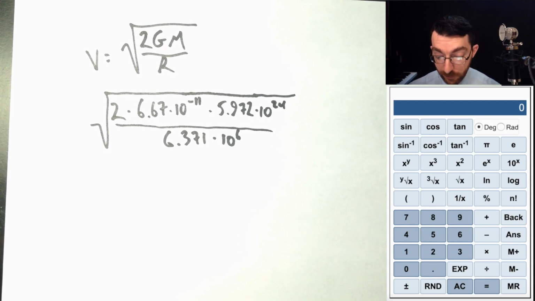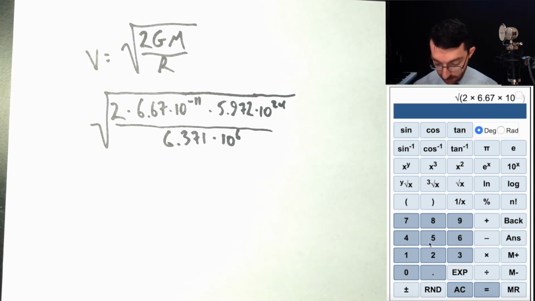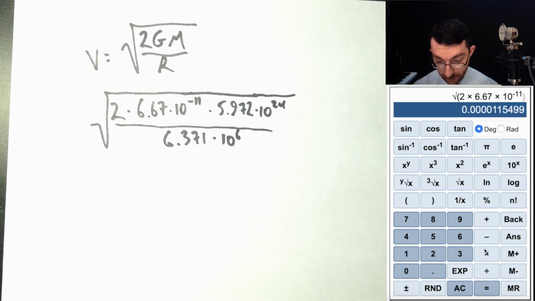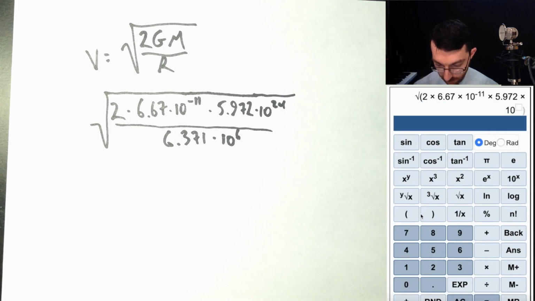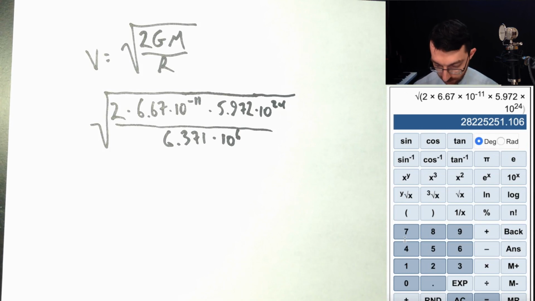Well, I just wrote those down, and now I'm going to enter them in for us to see what it turns out to be. So it's going to be the square root of 2 times 6.67 times 10 to the power of negative 11 times 5.972 times 10 to the power of 24.